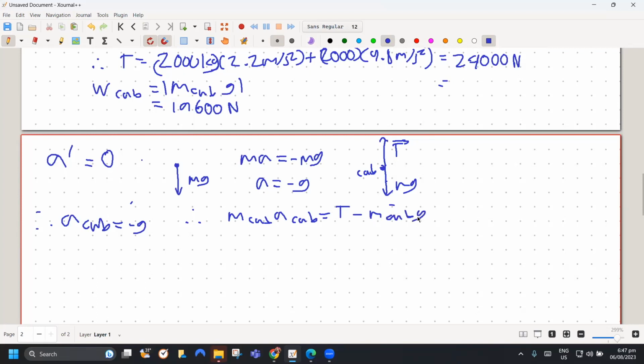Okay, now what is A cab again? A cab is negative g, right? So substitute. What will you get from that?